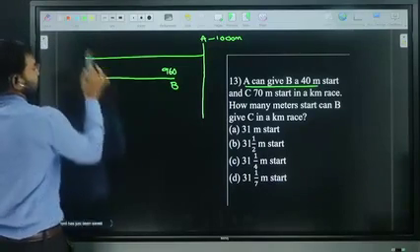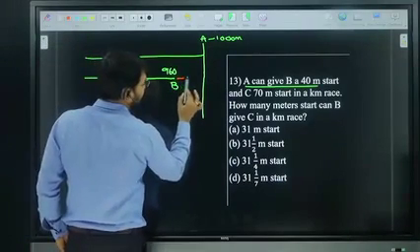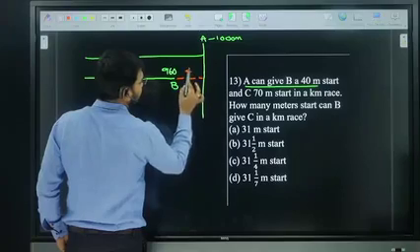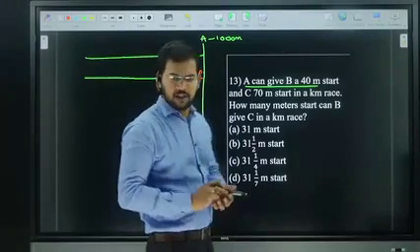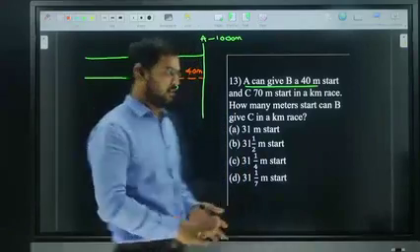Here, A can give B a 40-meter start, so whenever A reaches the destination, B reaches 960.